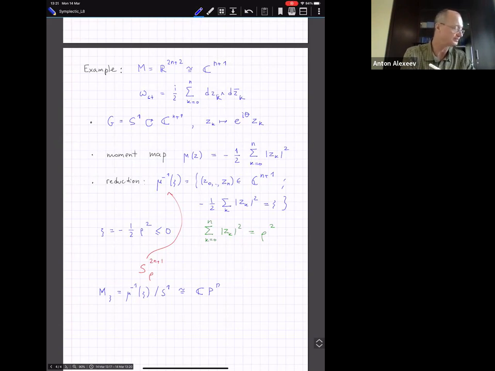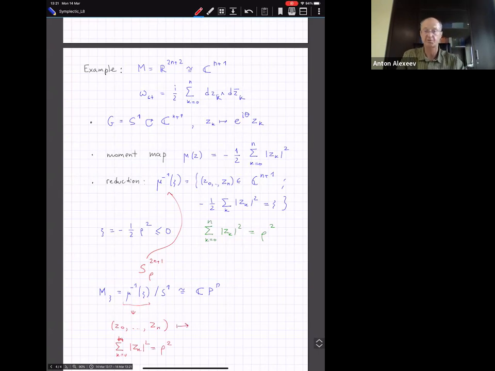Maybe we can add just a small comment. So here in the fiber, we have points z_0 through z_n, which satisfy the condition sum from 0 to n of z_k squared equal to rho squared.